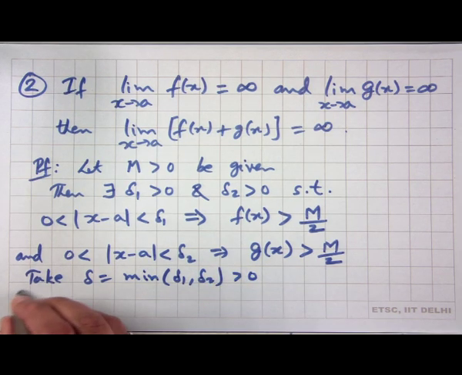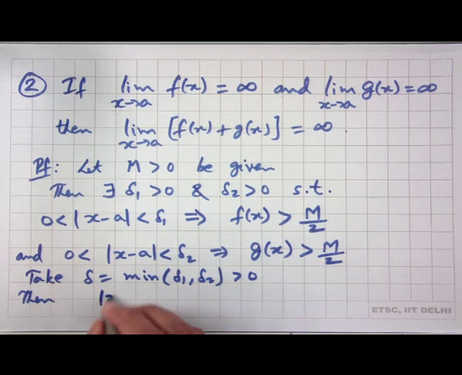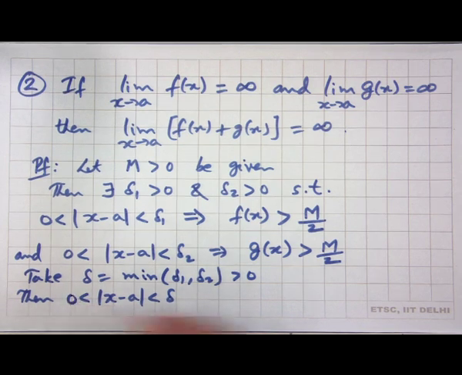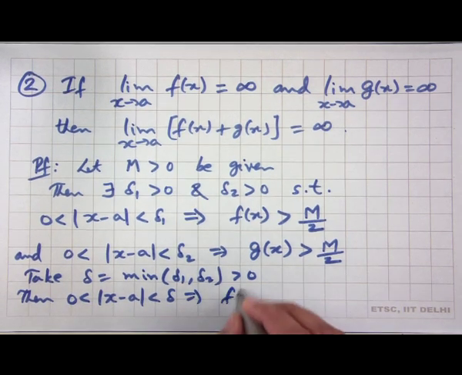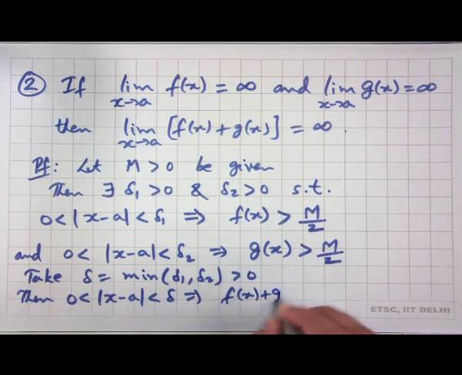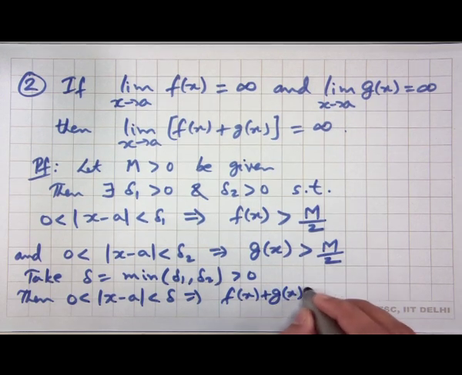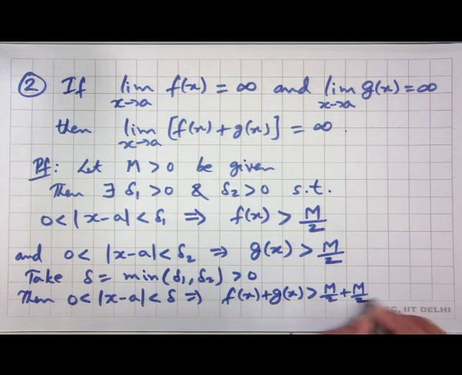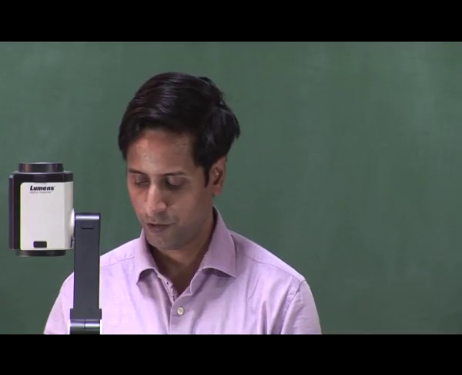Then mod x minus a less than delta greater than 0 implies f x plus g x has to be greater than m by 2 plus m by 2, which is m. So, therefore, the limit of the sum is again infinity here.